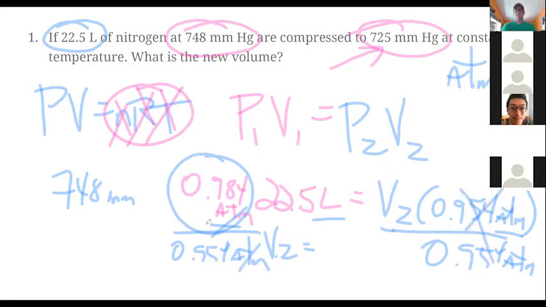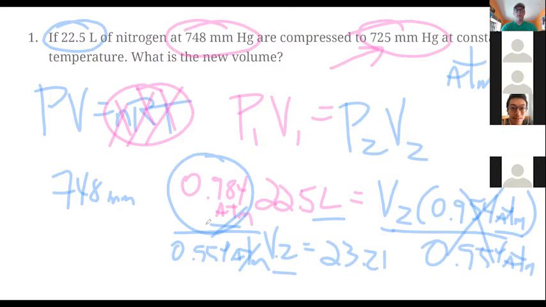So V2 is just equal to 22.5 liters times 0.984 divided by 0.954. So what is V2? 23.21. 23.21.